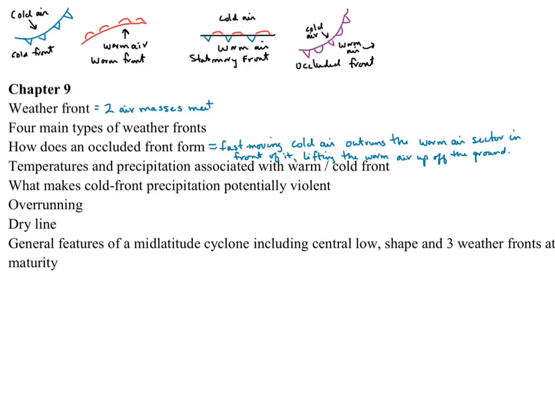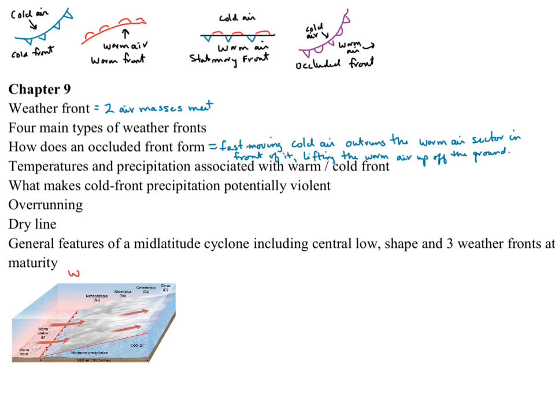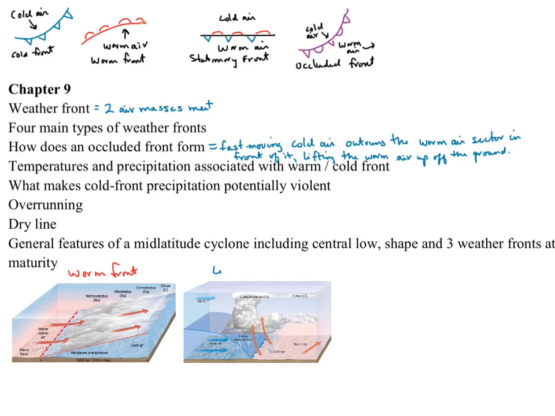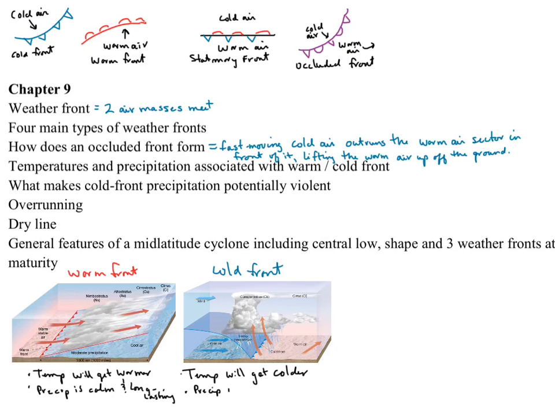I put a couple of figures down here at the bottom for your warm front and cold front. You should generally know that if you have a warm front coming, you would expect the temperatures to get warmer. If a cold front comes, you're going to be colder. These two fronts also differ in the type of precipitation you can expect.